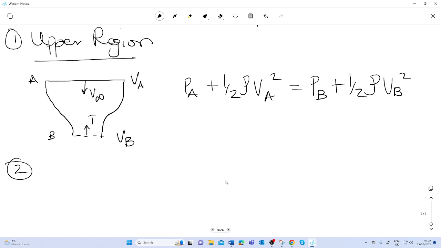Two, by applying Bernoulli equation on the lower region.